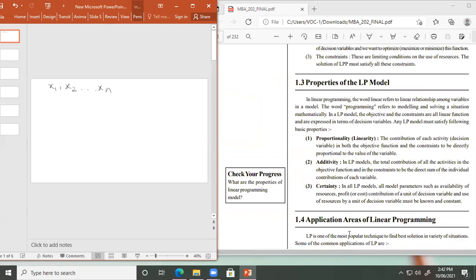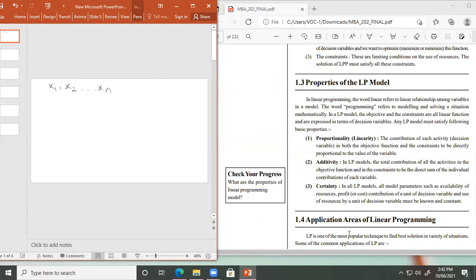So, properties of the LP model. In linear programming, the word linear, what does it mean? Linear refers to a linear relationship among the variables in a model. The word programming refers to modeling or solving a situation mathematically.